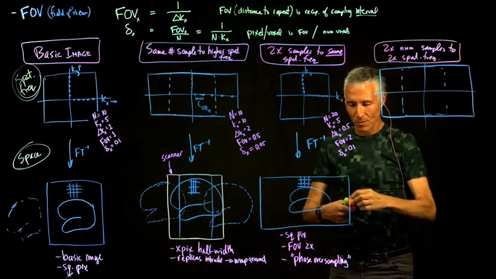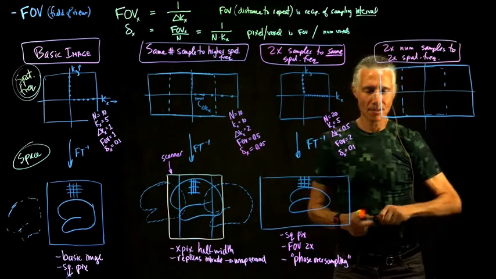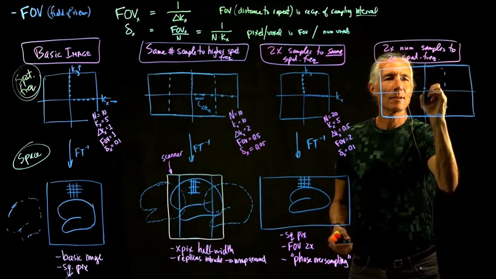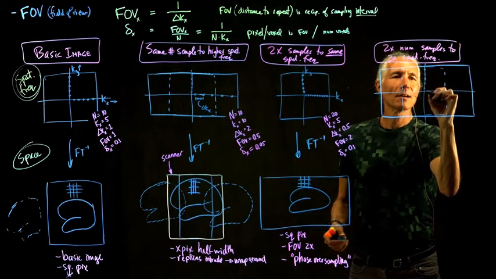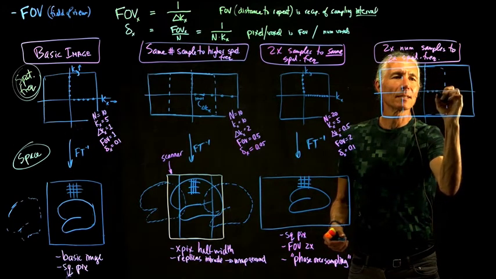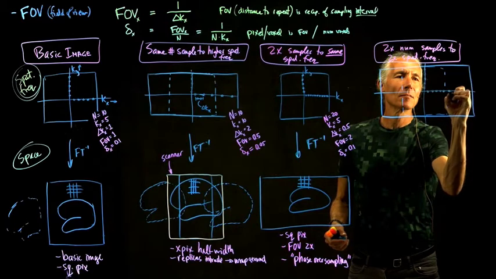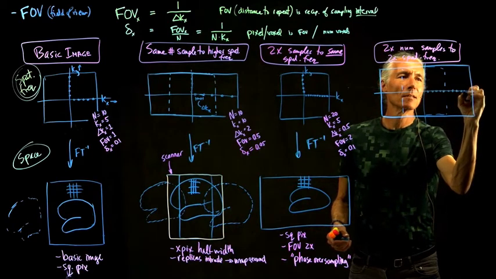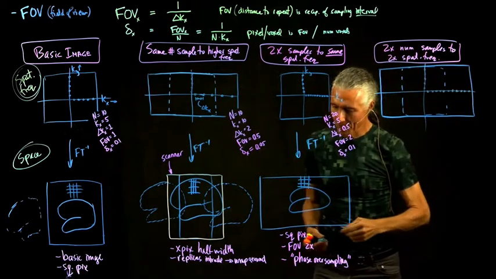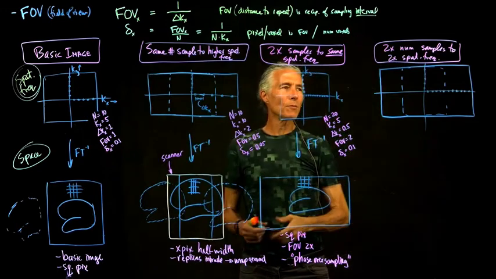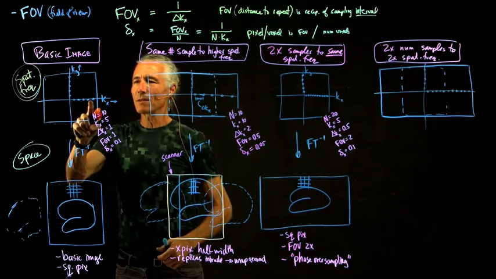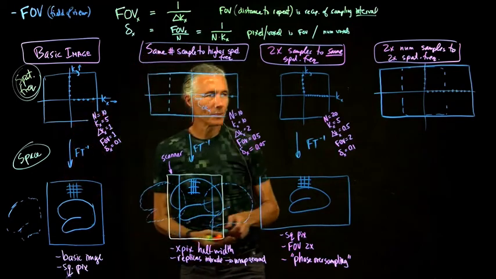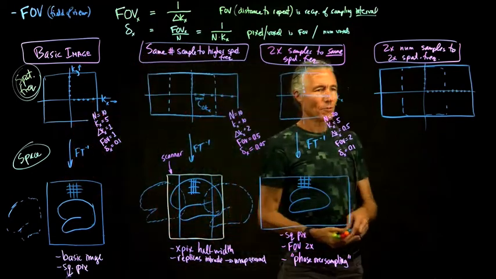We might often want to do this. We would still have 1, 2, 3, 4, 5, and now we would have the same spacing, but just go out further. So it's the same spacing in spatial frequency, but we have twice as many samples.